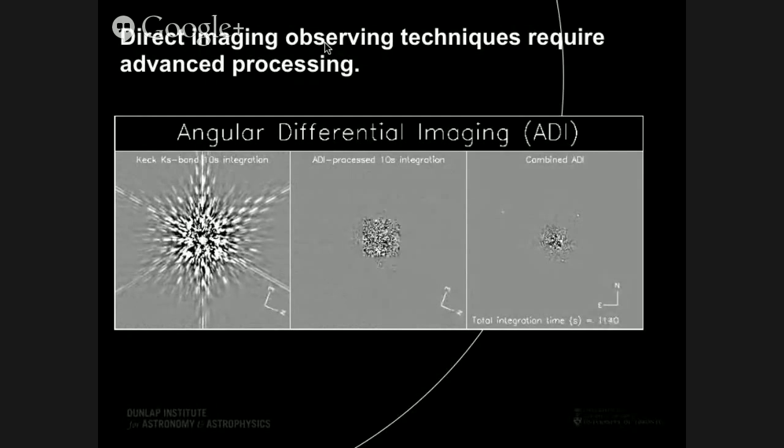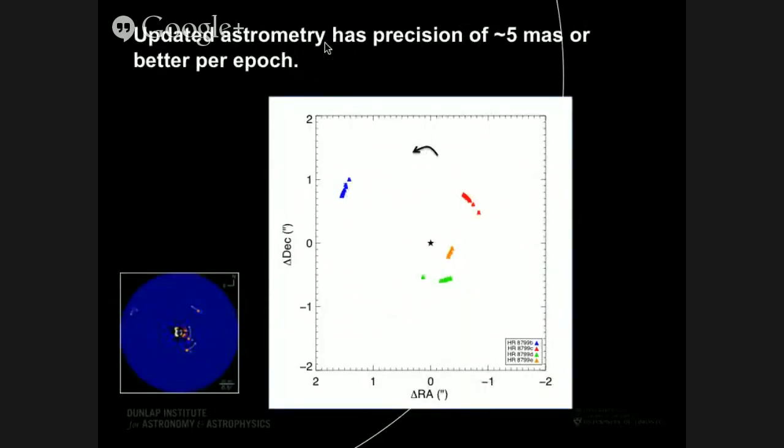Okay. So once we account for all of our biases and get our data, we can actually do astrometry. What we do is we've gone back basically twice a year, every year since these were discovered, to monitor these planets as they orbit.